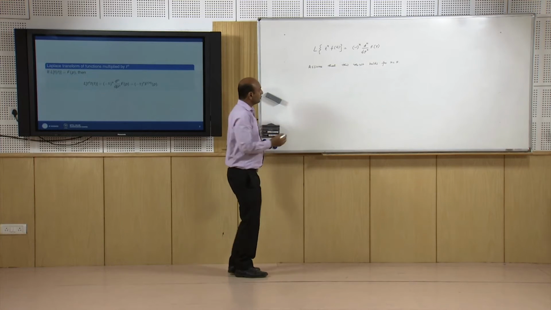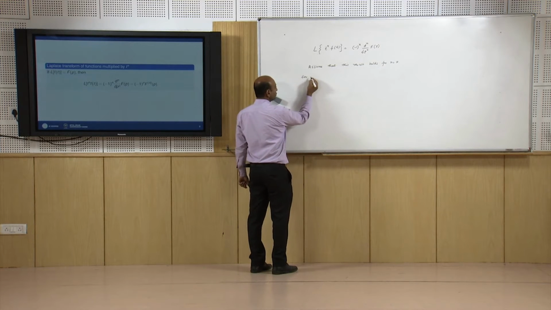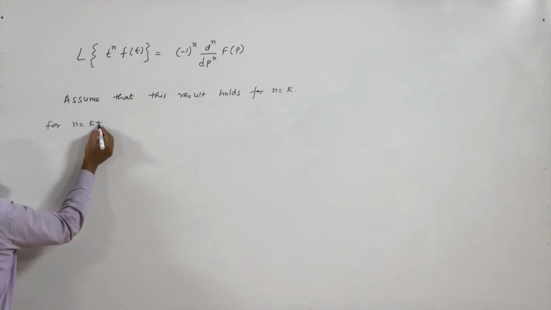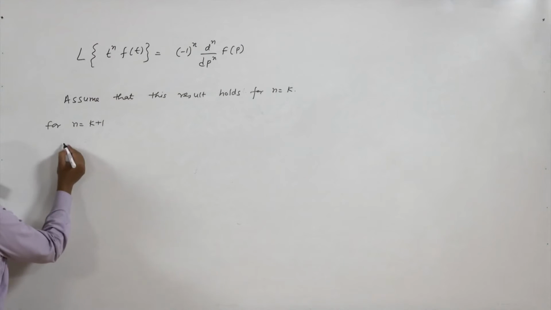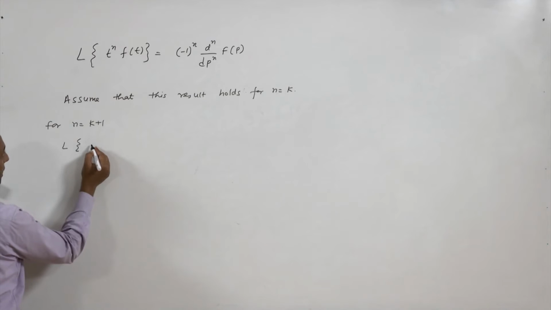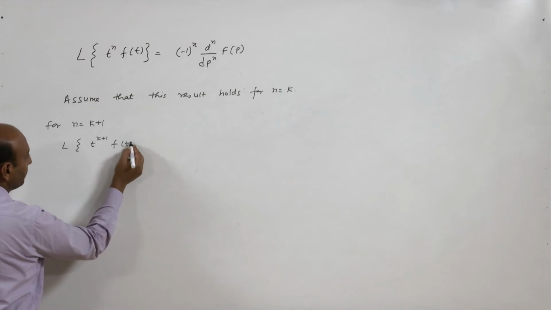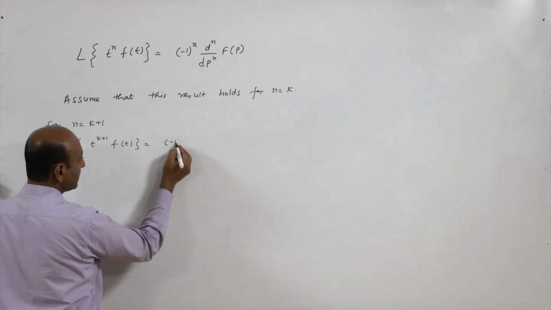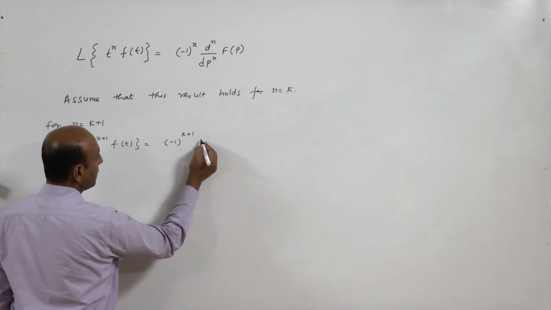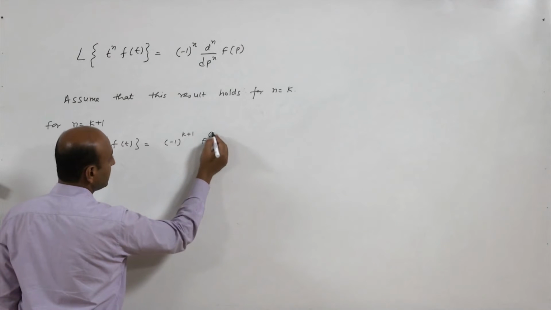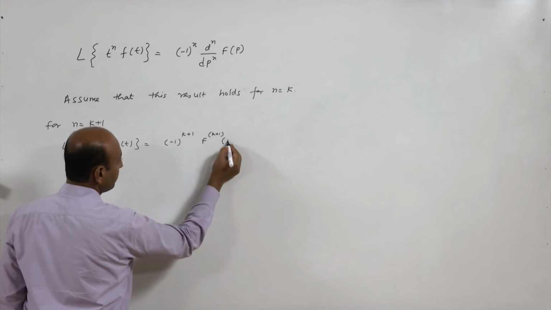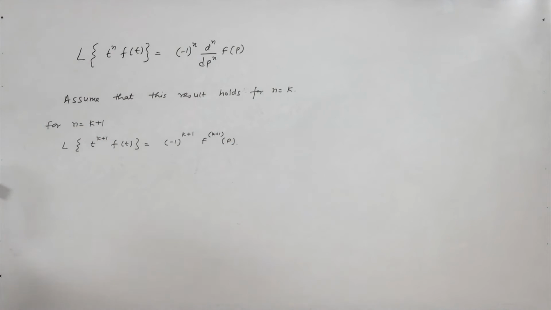We have to show that this result also holds for n equal to k plus 1. So, for n equal to k plus 1, the Laplace of t^(k+1) f(t) is equal to (-1)^(k+1) times the (k+1)th derivative of F(p). This is to be shown.